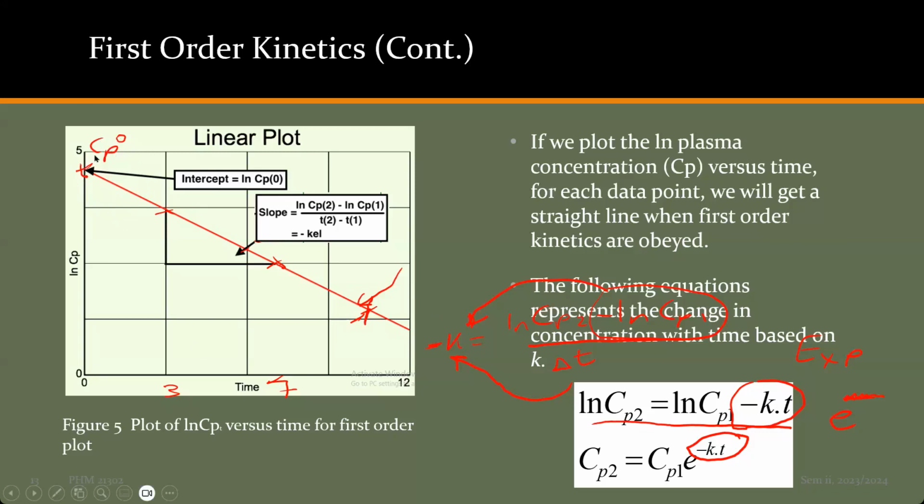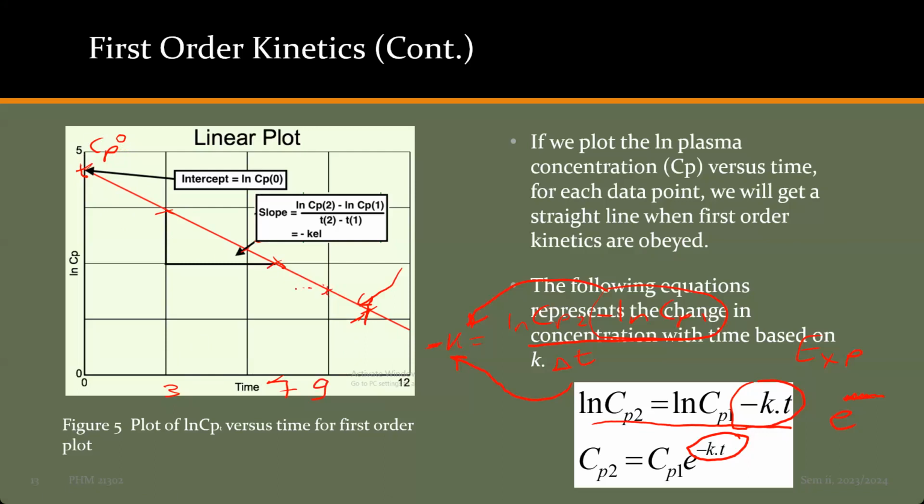This is the first point. And you can calculate K from the slope. You can calculate volume of distribution by dividing the dose by CP node. And graphically, if I ask you for the concentration, for example, at 9 hours, so this is 9 hours. You just graphically, at 9 hours, see how much the concentration is.